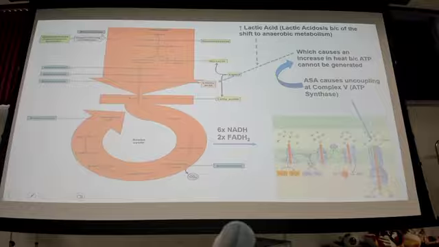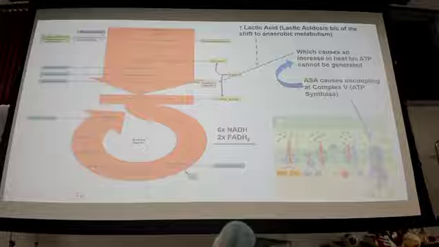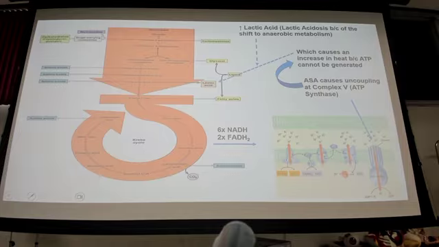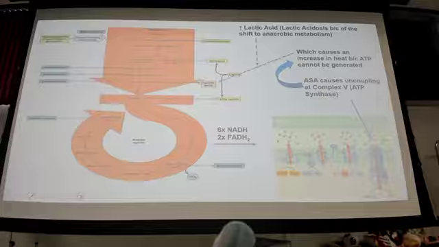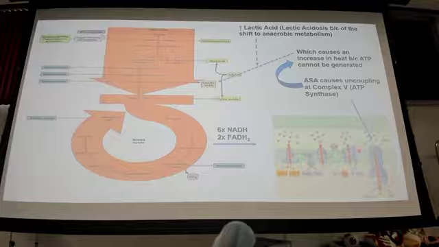Does that make sense? Yes. So when you say it causes an uncoupling at complex 5, what exactly? So the salicylate from acetylsalicylic acid is basically taking those hydrogen ions and moving them through the membrane here, so we don't get that driving force to produce ATP.